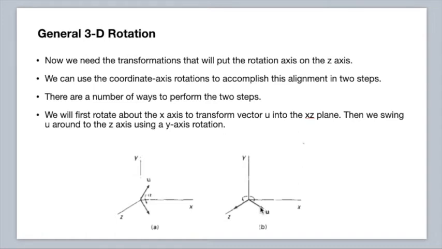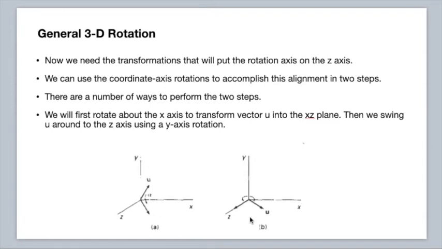So the rotation axis is now in the xz plane. Now you have to simply swing it to the z axis, but here it should be swinged in the counterclockwise direction. That's why it is swinged like this. Okay, so you have to swing it to the z axis, and for that you can use y axis rotation.